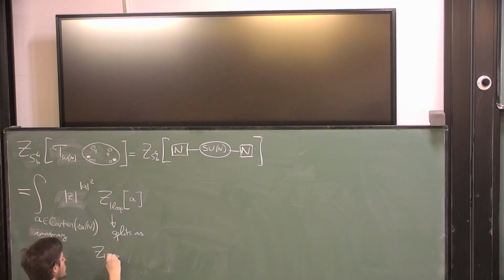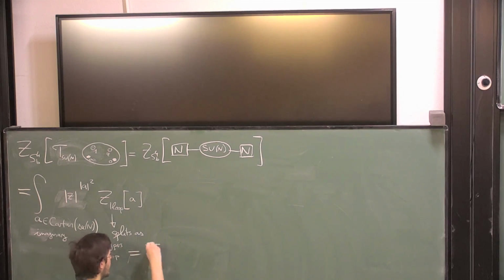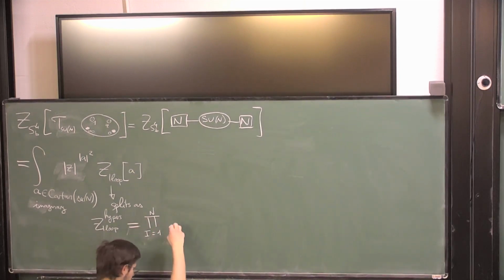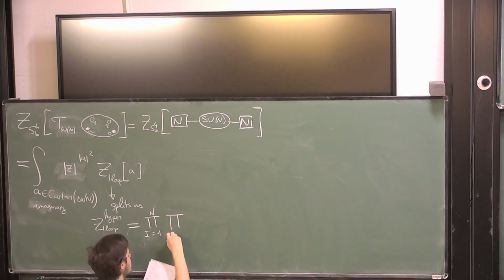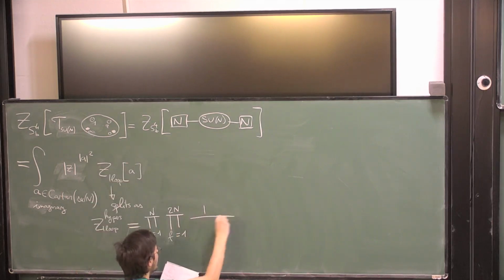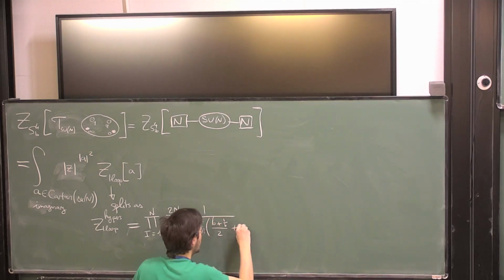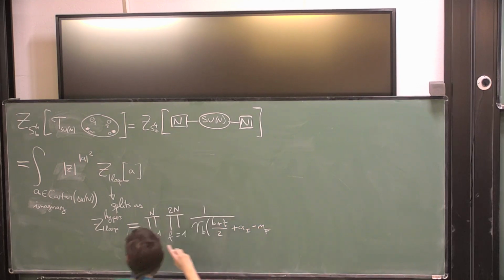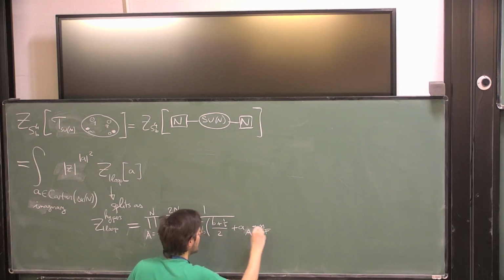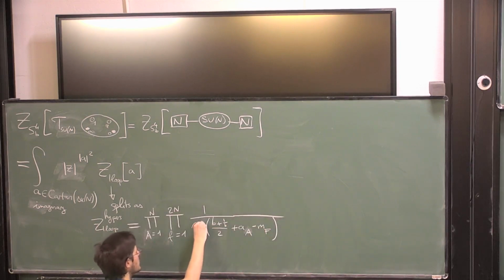as the product of Z one-loop of the hypermultiplets, which I have here very explicitly. Product over the gauge field components, product over the flavors, the N plus N flavors, so 2N flavors. Epsilon is some complicated special function.